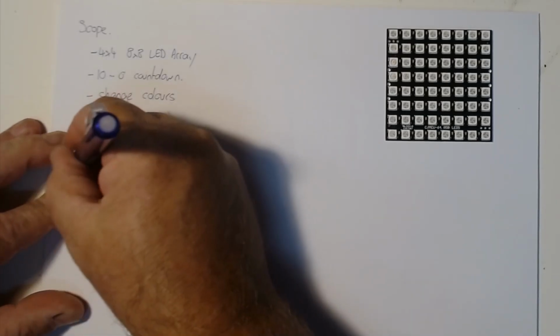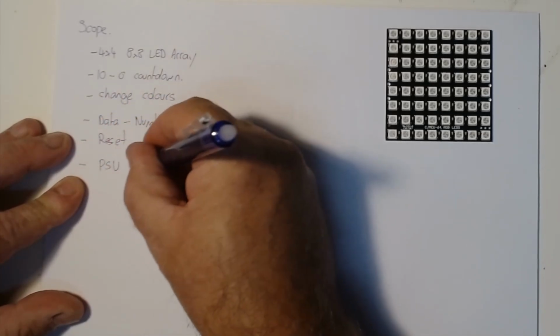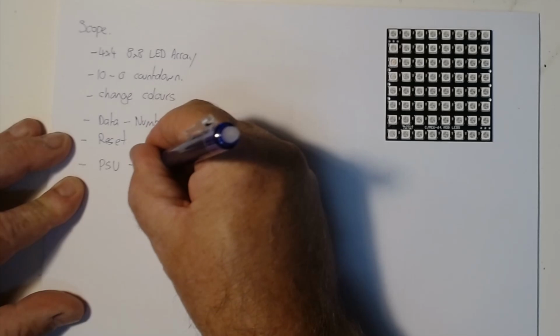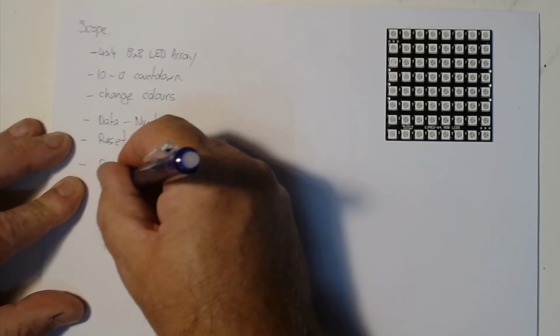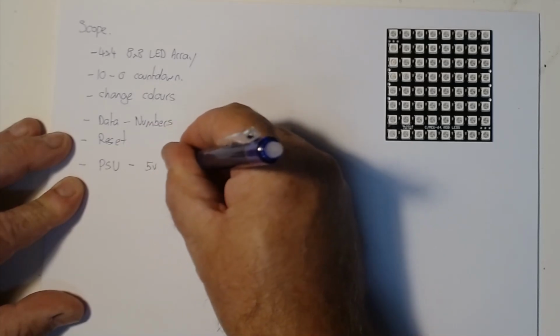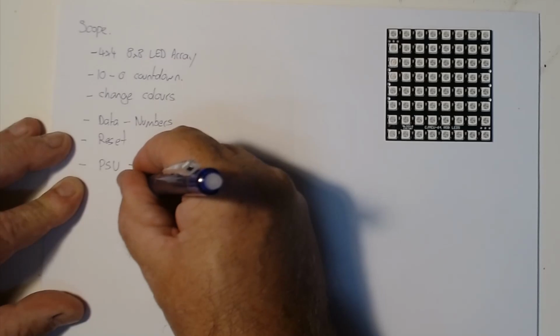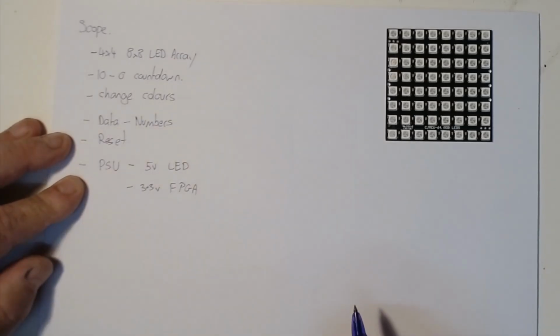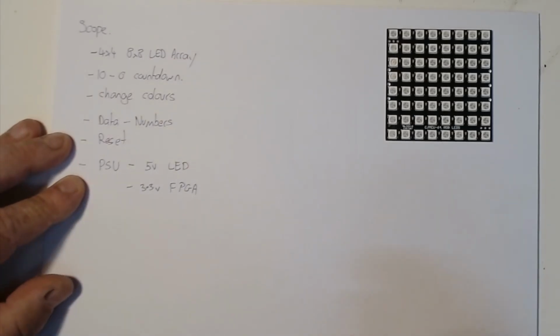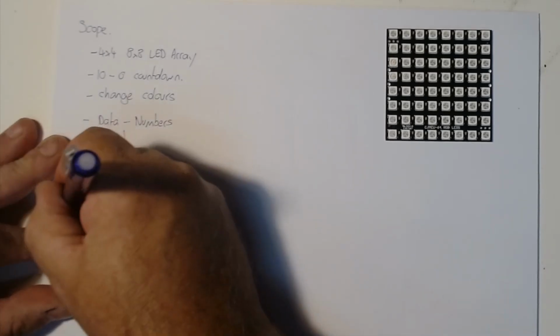We're obviously going to need some power sources. And for the LEDs, these need plus 5 volts. But for the MPU, or the FPGA I should say, we need a 3.3 volt rail. So we're going to need a couple of power sources there, which, given that the data coming out of my FPGA, the I/O pins are going to be 3.3, we're going to need a level converter.